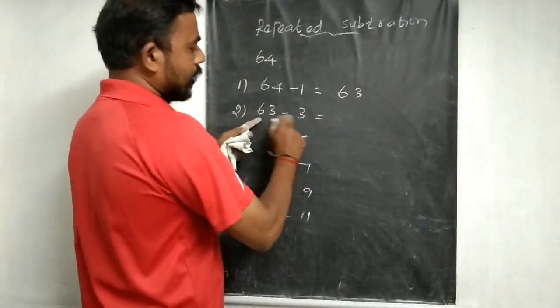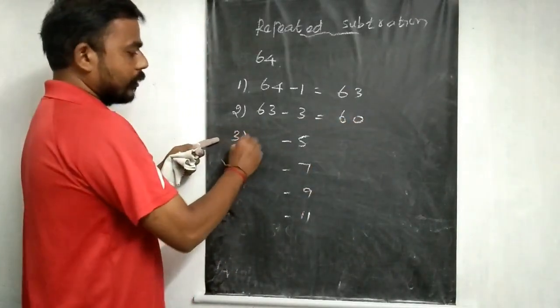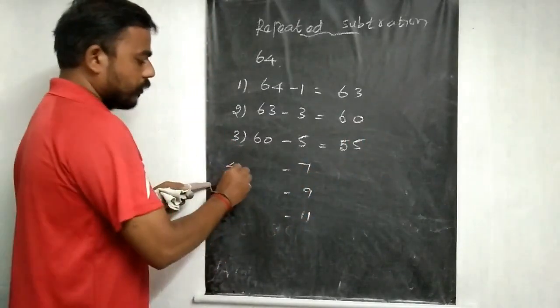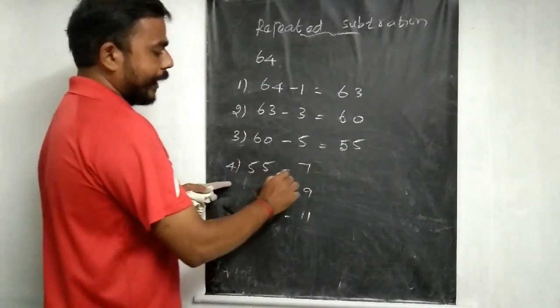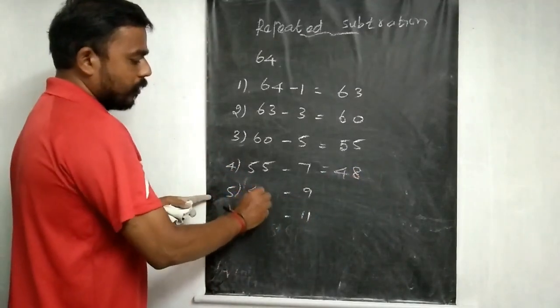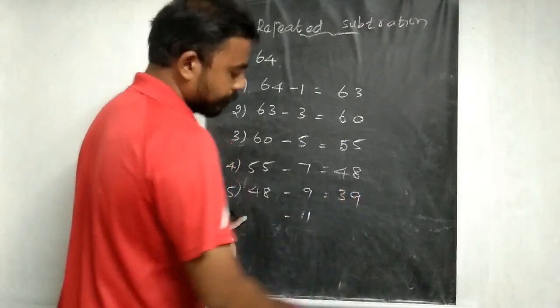So 63 minus 3, we get 60. Third step: 60 minus 5, 55. Fourth step: 55 minus 7, 48. Fifth step: 48 minus 9, 39.